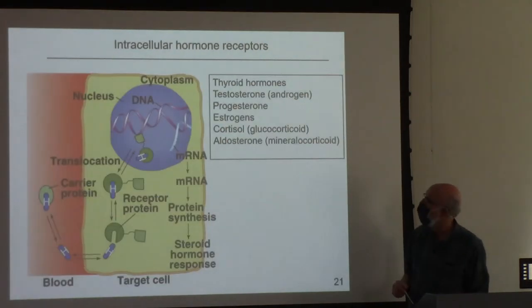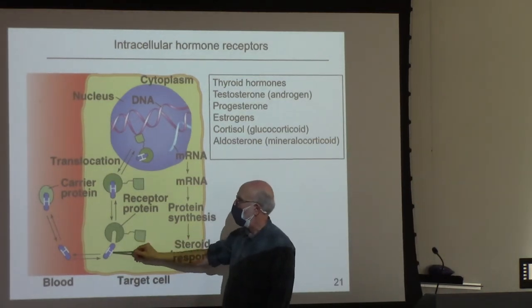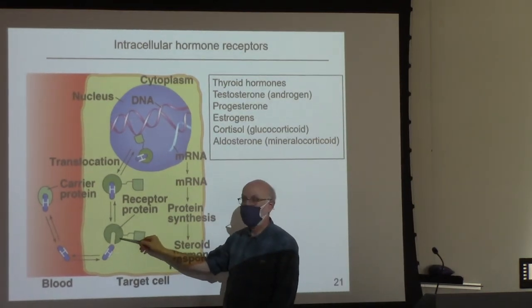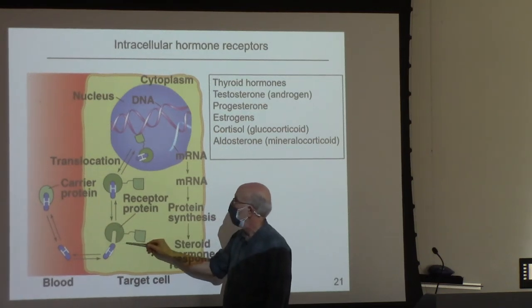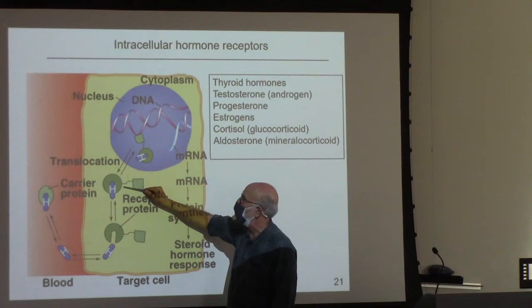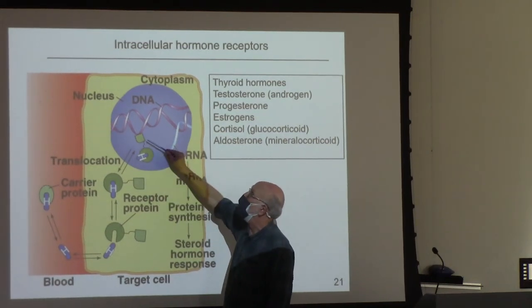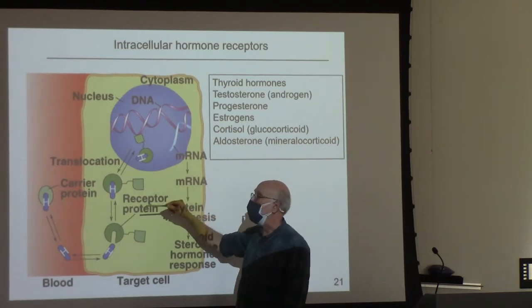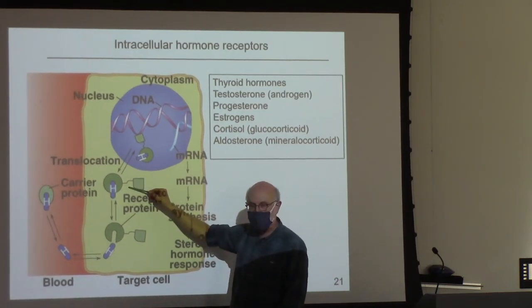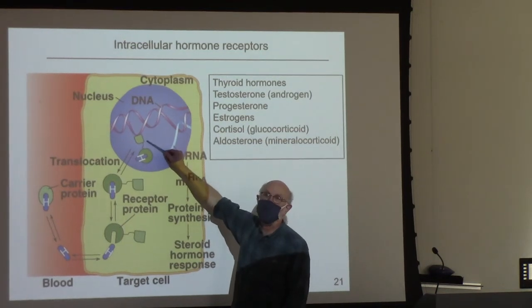Okay, sorry. So let's finish this story. Receptor binds the hormone in the cytoplasm because of diffusion. There is translocation of the receptor hormone complex, usually to the nucleus, because in most cases the receptor to these types of hormones are transcription factors.